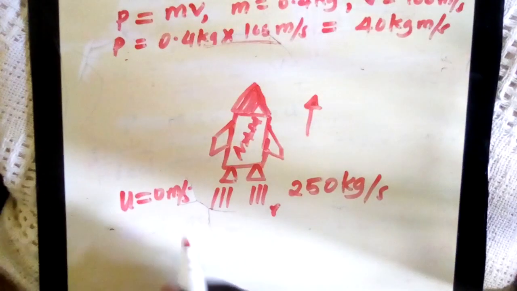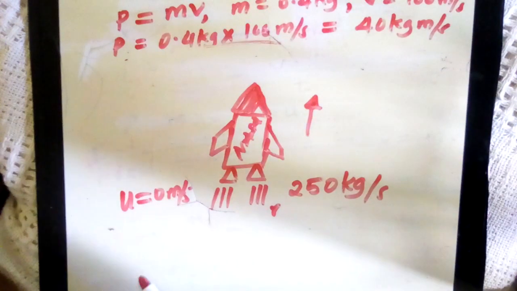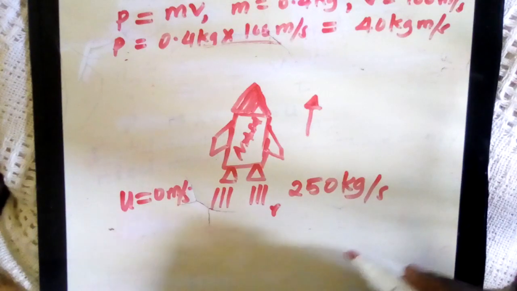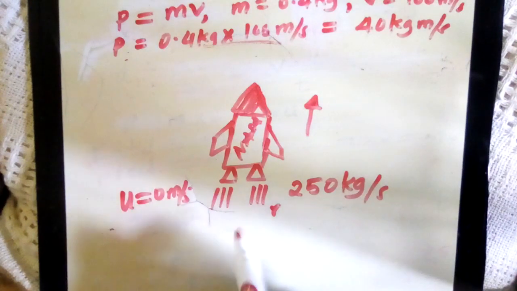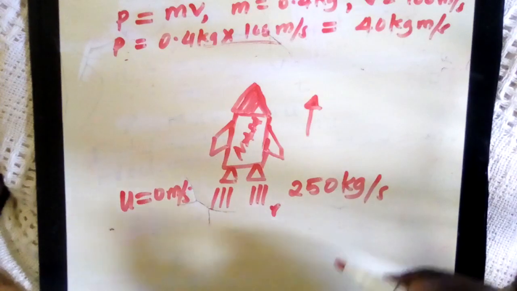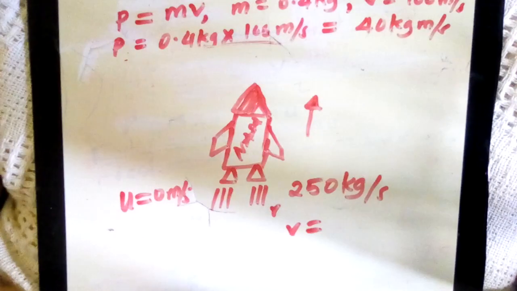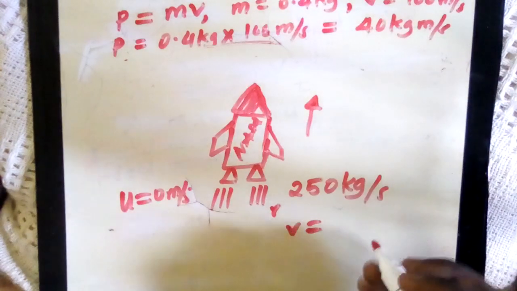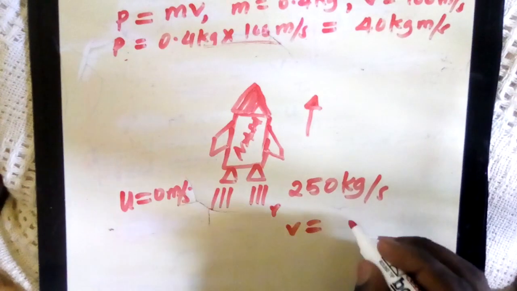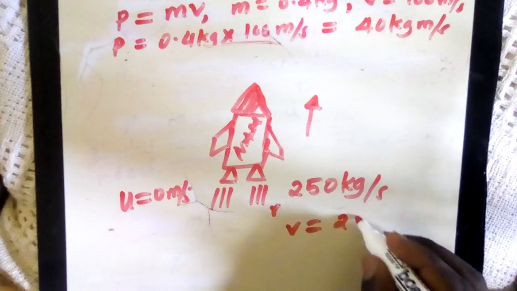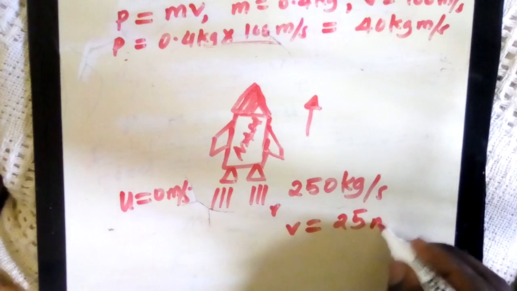Let's say initially the rocket was on its launching pad, and then when a force of a certain magnitude acted on this rocket, the rocket gains a final velocity of, let's say, 25 meters per second.